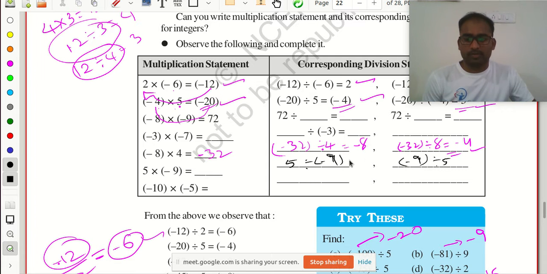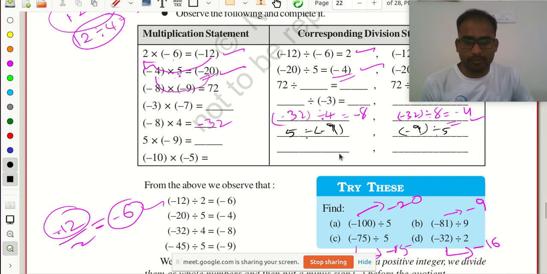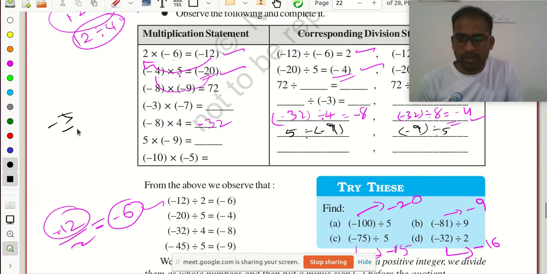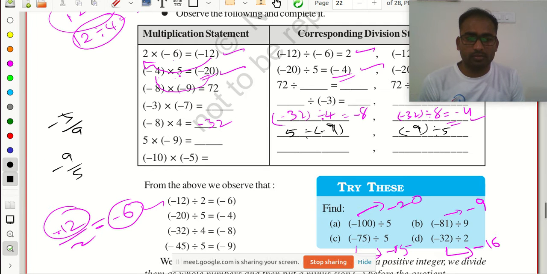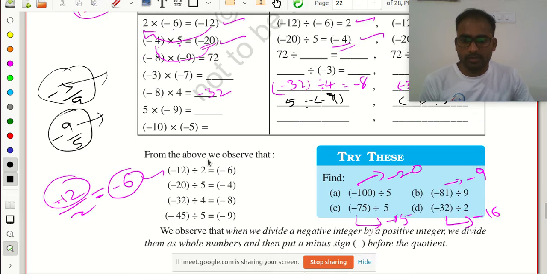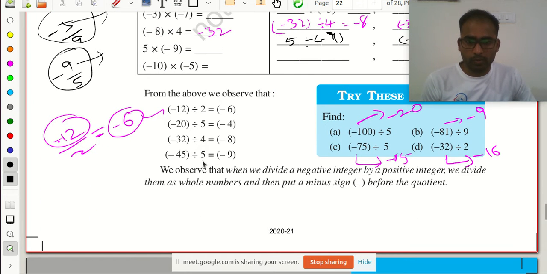How much will I get? You know how to divide these two by taking decimals. That we will discuss, no problem.